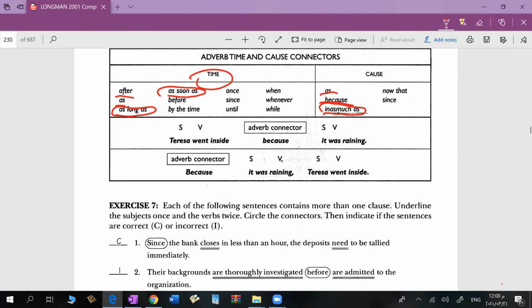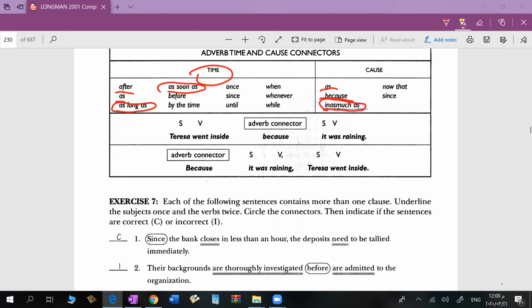Look at this one. Not so many people know this connector. In as much as. I want you to focus. In as much is one word. Okay. As is the second word, and it's commonly used in English, by the way. But I don't know why so many Arabs don't know it.